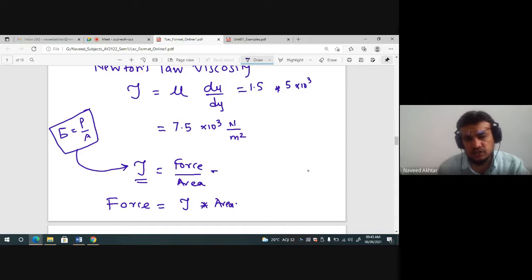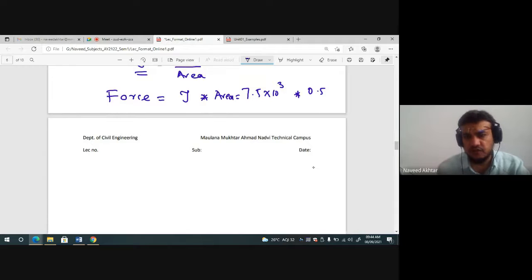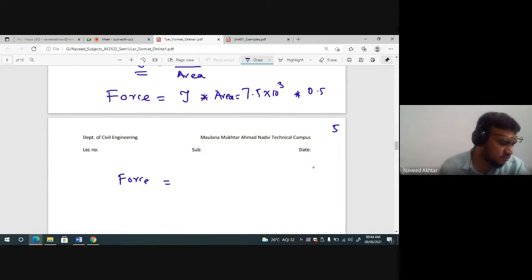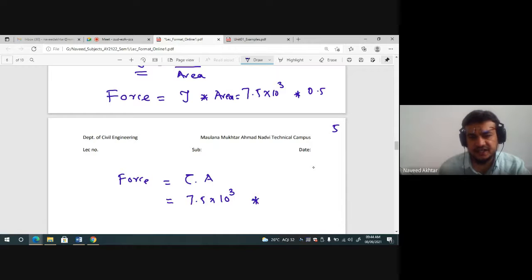So shear stress is 7.5 into 10 raised to 3 and area is 0.5 meter square. So if you solve this, force is equal to tau into A. Tau is 7.5 into 10 raised to power 3, and area is given in the example, 0.5 meter square.